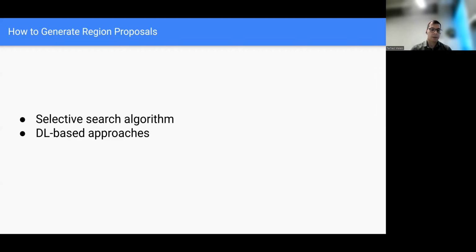One approach that has been used is the selective search algorithm, which relies on pixel values and intensity values between neighboring pixels. It's relatively slow. There are other approaches that rely on deep learning, so the region proposal or region selection is actually a deep learning model on its own.